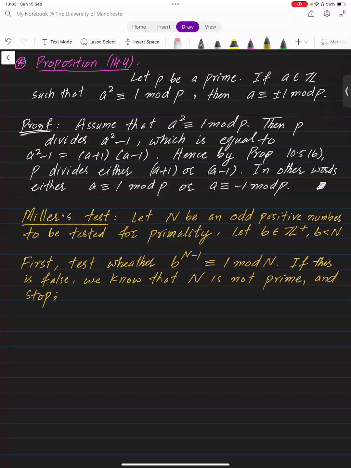If it is true, we work out b^((n-1)/2) mod n.